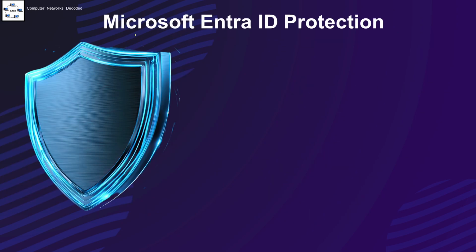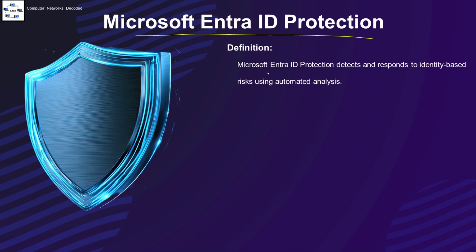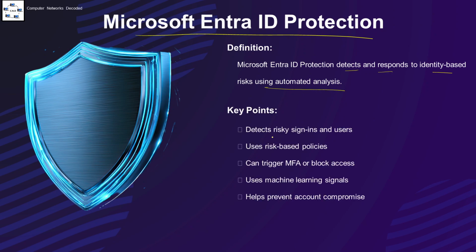So what is Microsoft Entra ID protection? Microsoft Entra ID protection detects and responds to identity-based risk using automated analysis. Key points here are that it detects risky sign-ins and users. It uses risk-based policies. It can trigger MFA or it can block access. It uses machine learning signals and helps prevent account compromise.